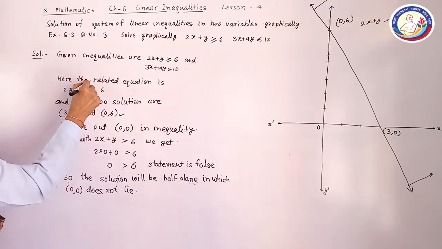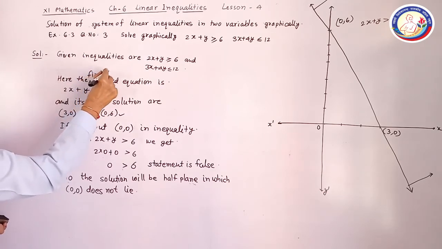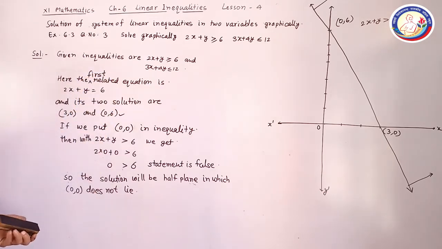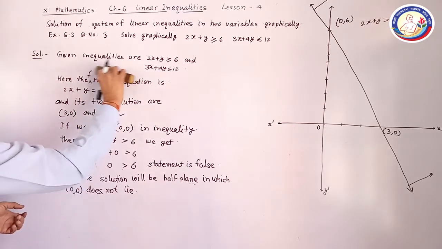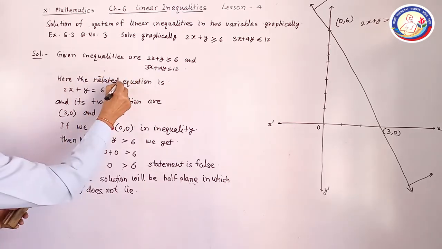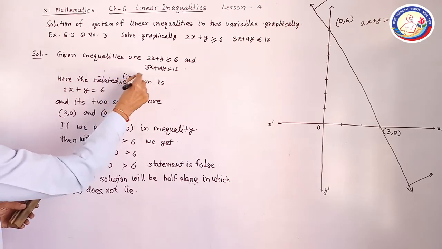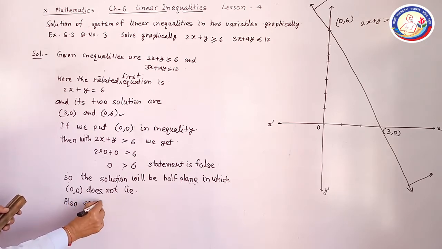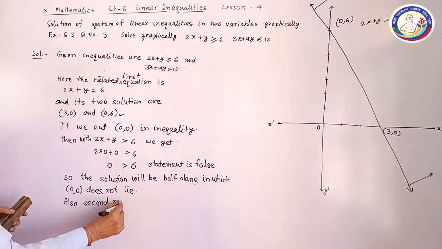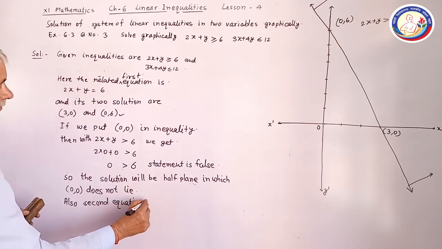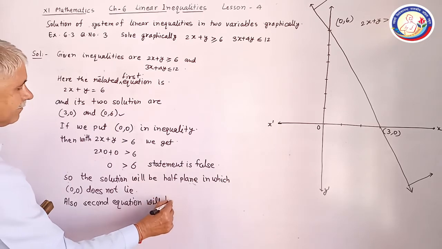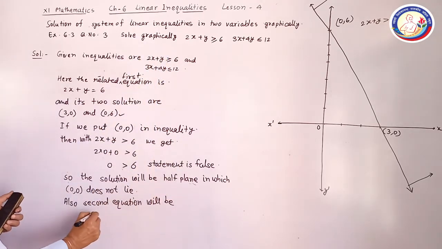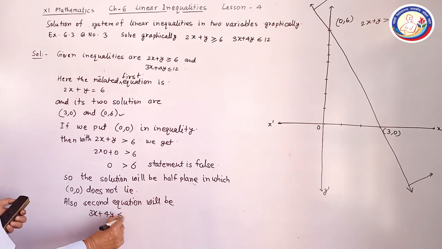Here the first equation, we can say first equation related. Also, second equation will be 3x plus 4y less than or equal to 12.